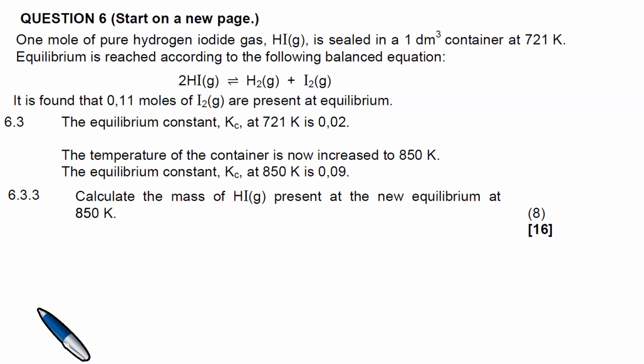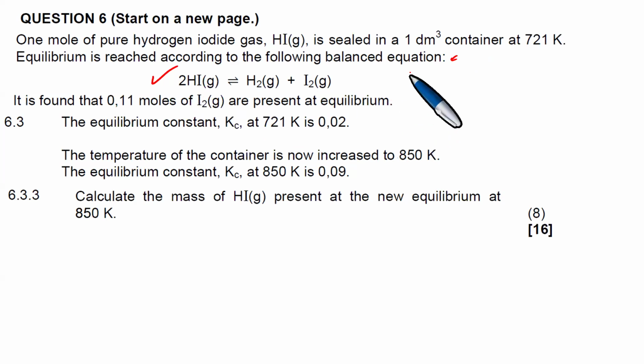Right, so in 6.3.3 now, we're going to look at the fact that this is the balanced chemical equation. So it is already balanced. How do we know it's balanced? It is balanced because we're able to see that we have 2 hydrogen atoms, 2 iodine atoms, and 2 hydrogen iodide.